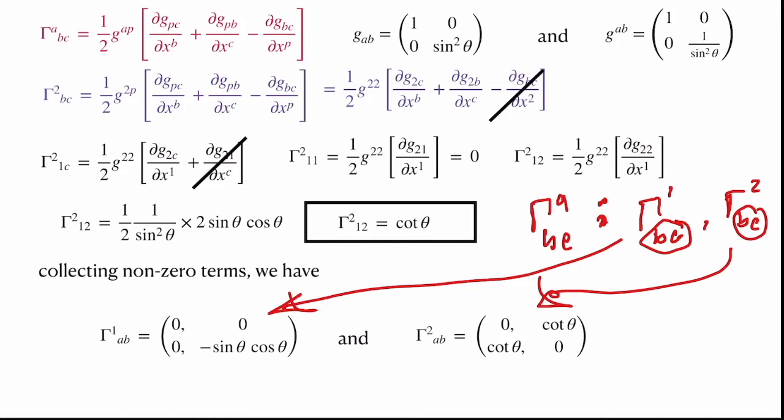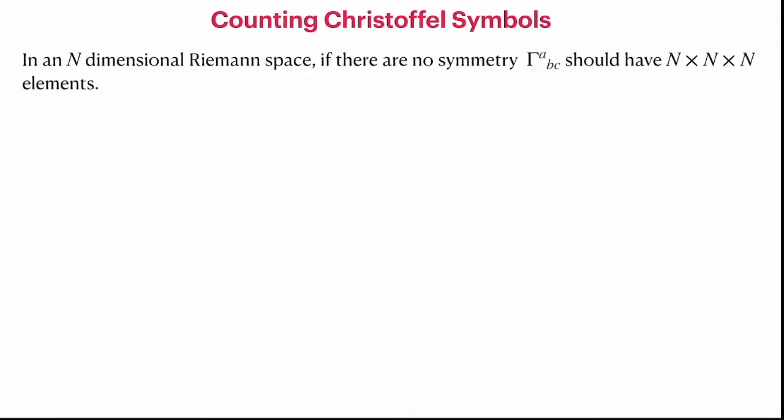Now this looks very cumbersome. Let's count the number of components in the Christoffel symbol. The Christoffel symbol has 3 indices, so in an n-dimensional space it should have n into n into n elements. However, we have a symmetry in the lower 2 indices.